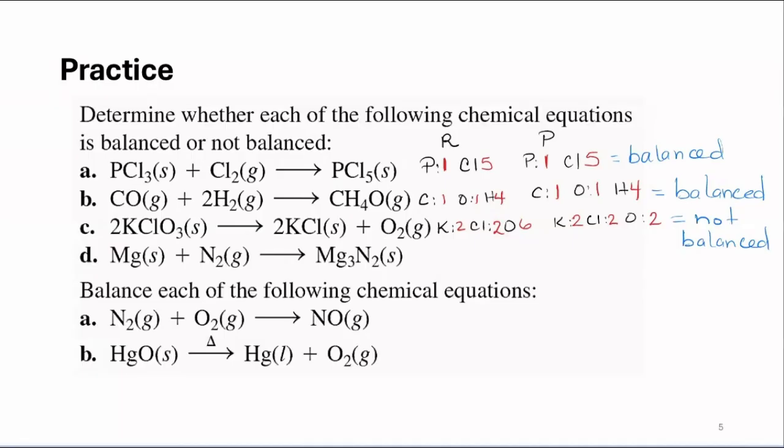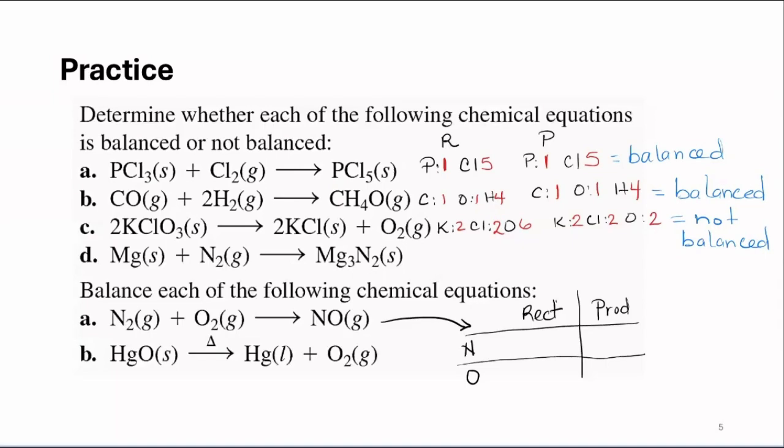So for letter A, I have nitrogen and I have oxygen, and I need to find out what I have in the reactants, and that's just my shorthand for reactants, versus what I have in the product, and that's my shorthand for product.